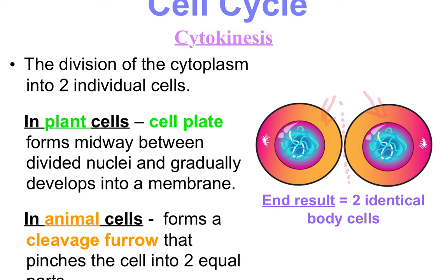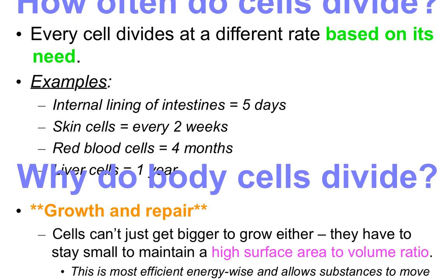It kind of starts to form midway, and it happens very gradually in plant cells. In animal cells, it forms through what we call a cleavage furrow. So cleavage, the dip right here, it pinches off, putting the cell into 2 equal parts.